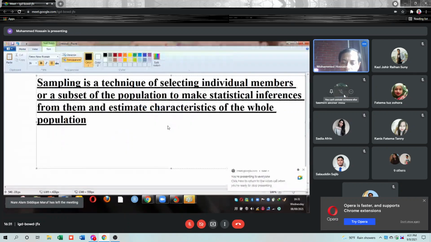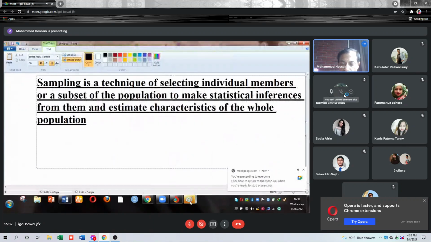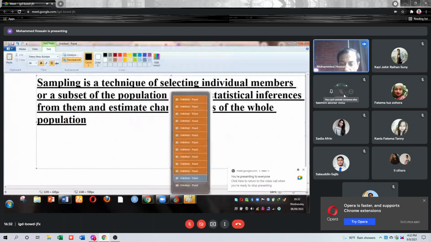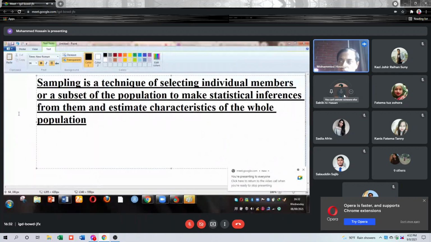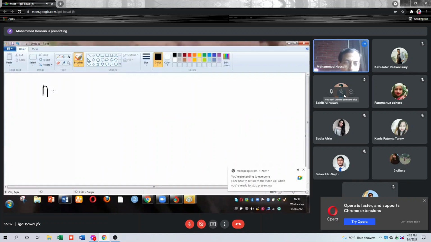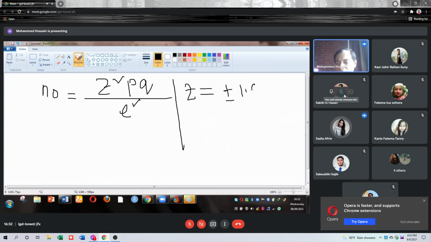Let's see the formula of sample size: n not equal to Z square into P into Q divided by E square. So what is Z? Z equal to the critical value, plus minus 1.96.